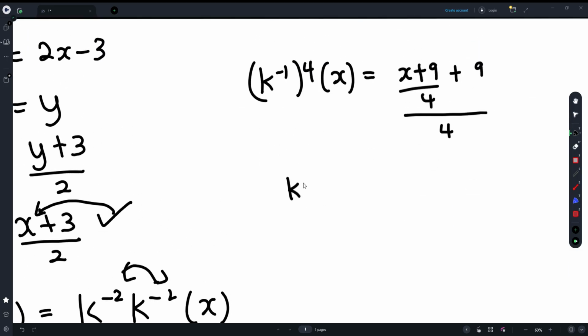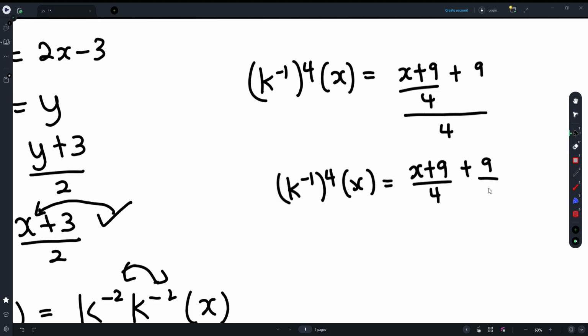So you'll end up getting k negative 1 power of 4x equivalent to x plus 9 over 4 plus 9 over 1 over 4.